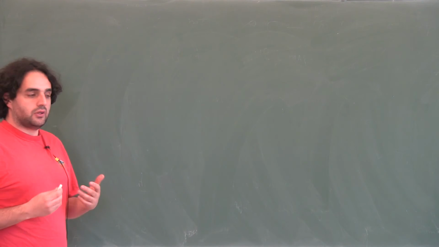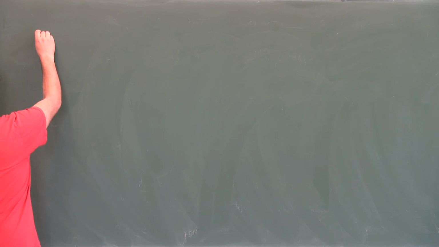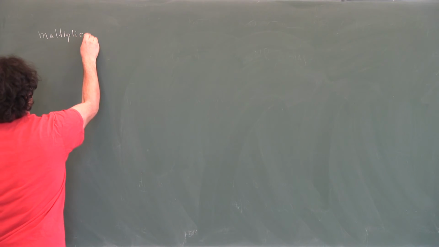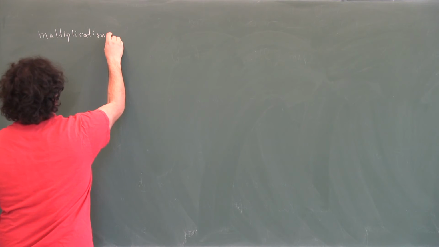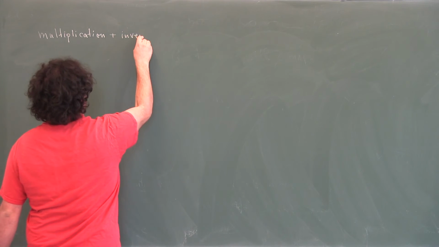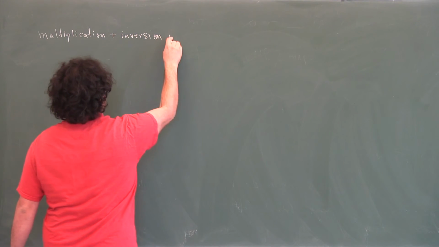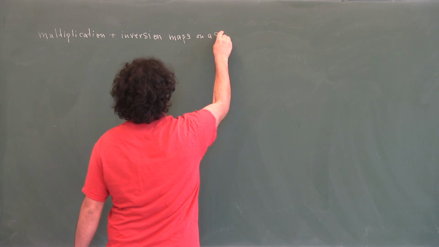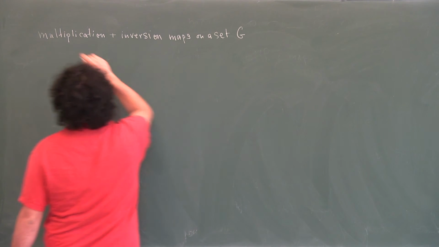So what does it mean that we have this multiplication plus inversion maps on a set G?